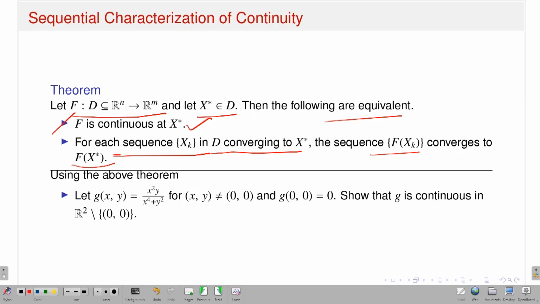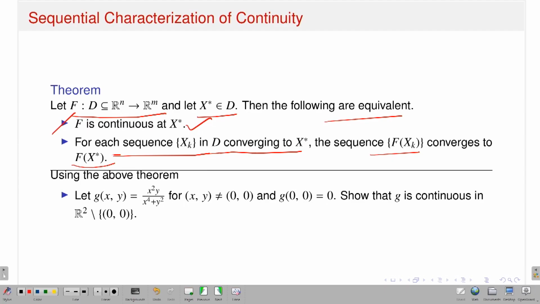Now I should say the importance of this theorem. If I want to prove that a function is continuous, it is better to use the epsilon delta definition or some algebra of continuous functions. But this theorem is useful to prove that a function is not continuous, that means in the negative way. If I want to show that my function capital F is not continuous, then as I told you in the limit case, take two sequences converging to the same point, but the corresponding image sequences f of x and f of y converge to two different limits.